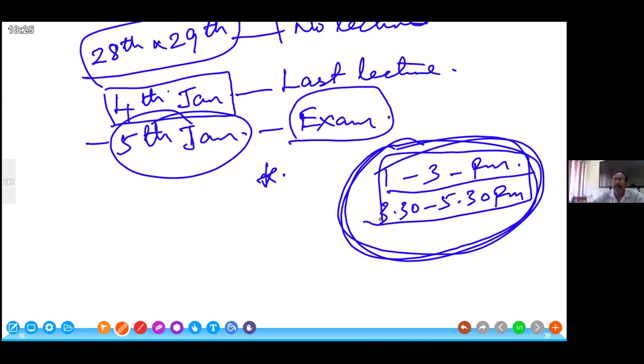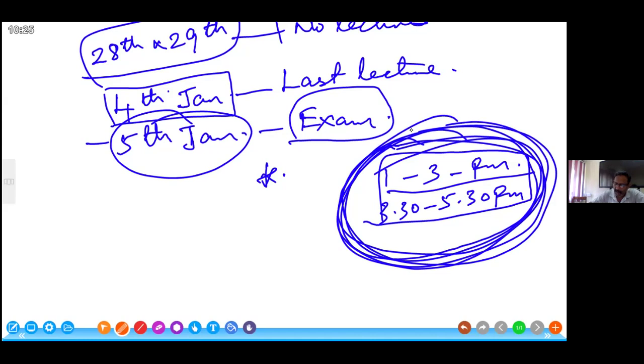Ishanka, can you mute it? So mention this in the evening lectures to Professor Samita also. So we are flexible to have the exam on 5th, either morning or evening.